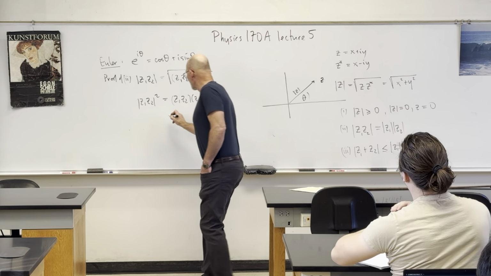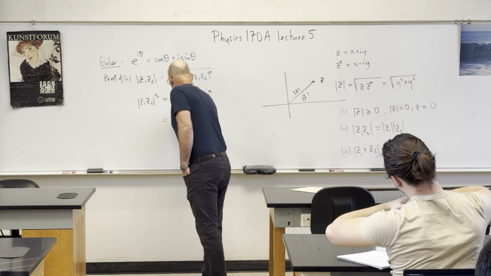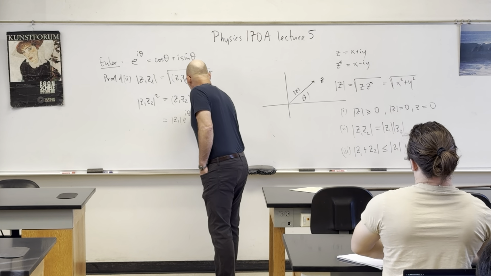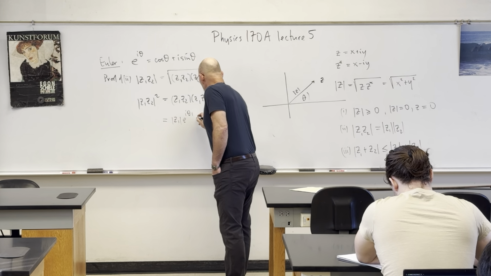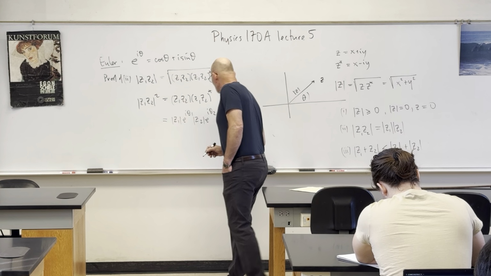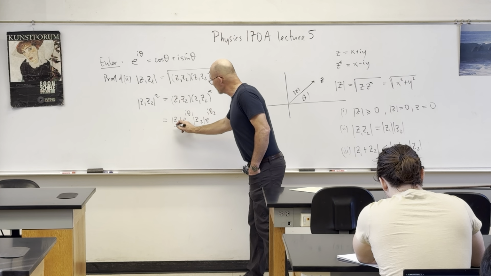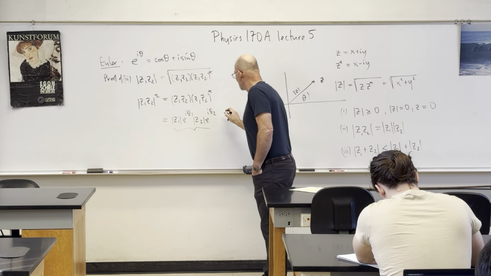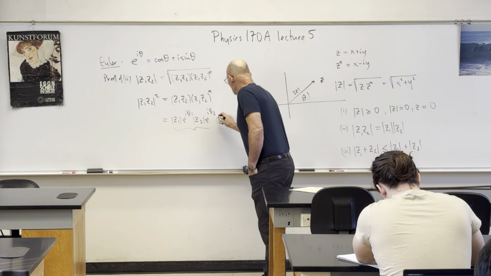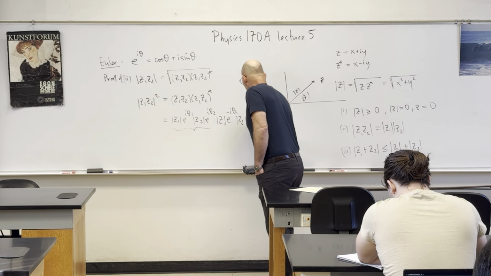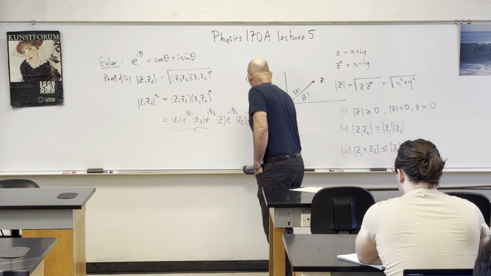And so here, now we can write the magnitude of z1 times e to the i theta 1, times the magnitude of z2 times e to the i theta 2. That gives us the first product here. And then we have the magnitude of z1 times e to the minus i theta 1, times the magnitude of z2 times e to the minus i theta 2.